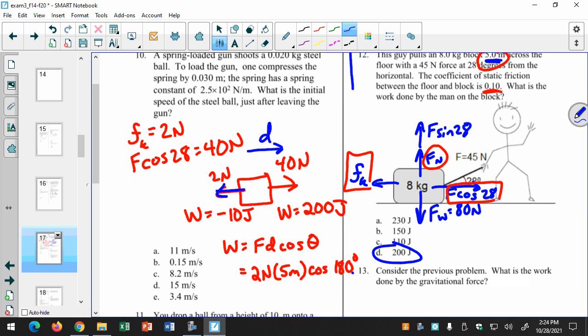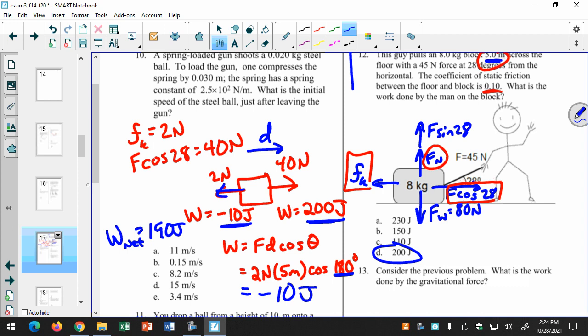So that's why I have 180 degrees. Anytime they're in opposite directions, there are 180 degrees between those two vectors. That means this is going to equal negative 10 joules. So I have 200 joules here, negative 10 joules here. The net work, the total amount of work, is 200 minus 10, or 190 joules. Okay?